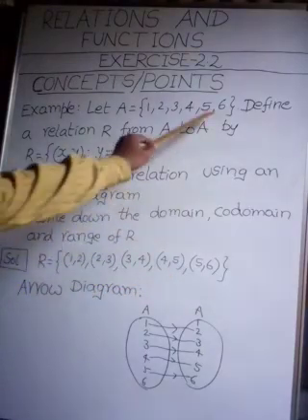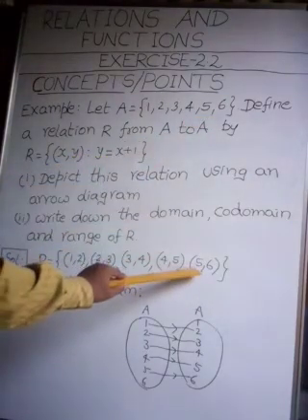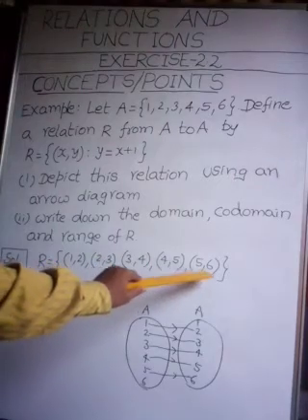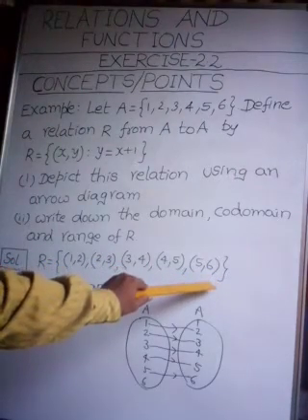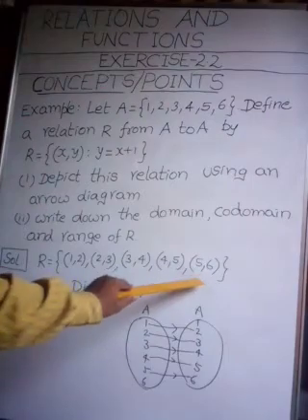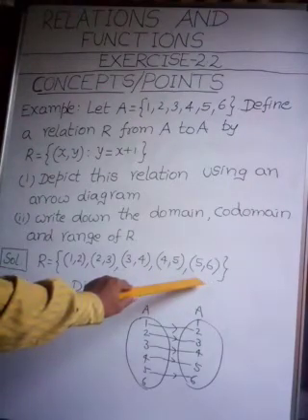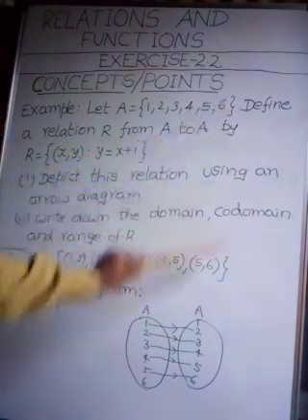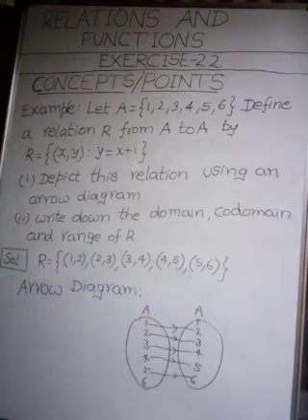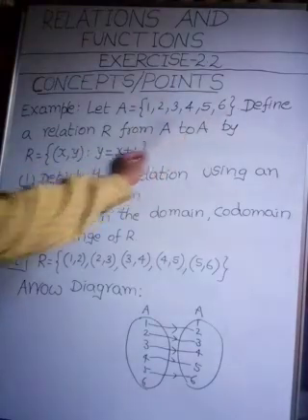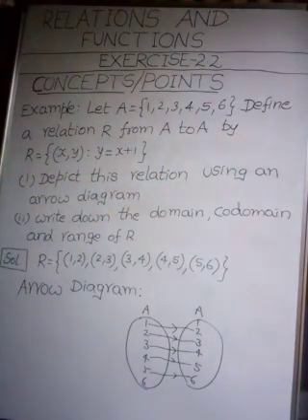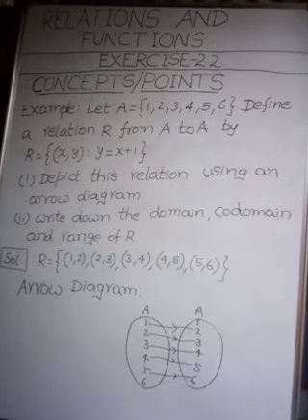Right. If x is equal to 5, then y is equal to 5 plus 1, that is 6. So ordered pair (5, 6). Understood this ordered pair, my dear children? Suppose x is equal to 6, what will be the y value? 6 plus 1, 7. But 7 is not there in the set A. That is why we are not considering that ordered pair (6, 7).